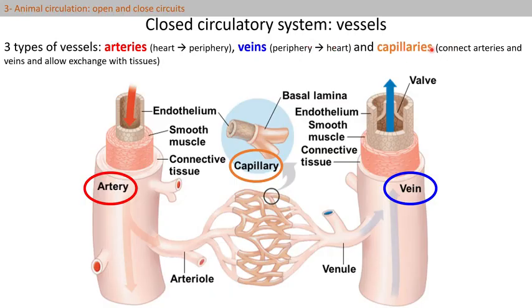And capillaries will connect arteries and veins together in a continuous system. So that's what you see depicted here. You have arteries and arterioles, who are just smaller versions, and then they connect with the vein system through capillaries, and capillaries are the place of interface with most tissues.